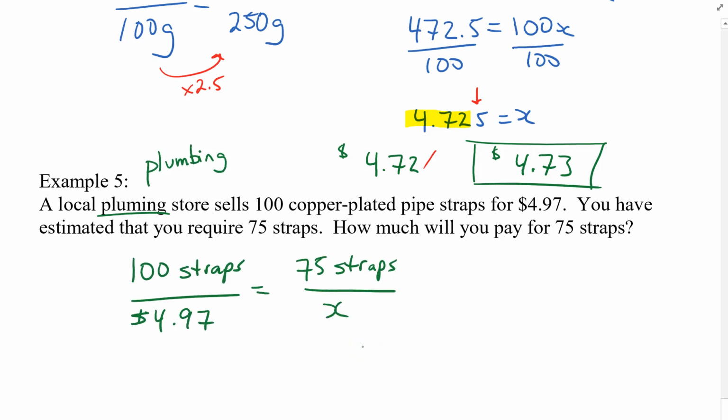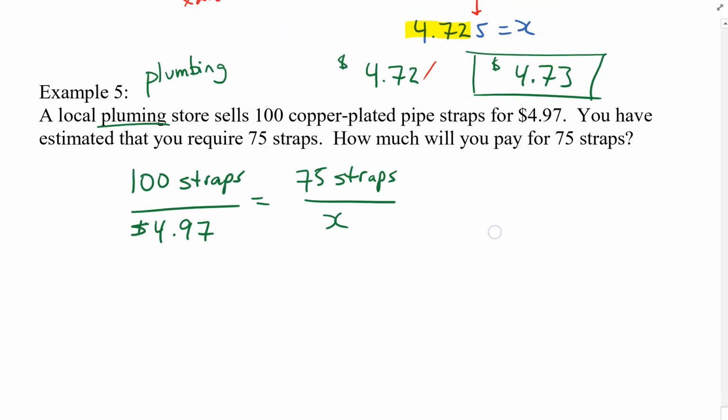We'll put an X over there. I think it's a perfect time for use of algebra here. I'm going to say 100 times X is equal to 497 times 75. Again, I think I got to get my calculator out on this one. And that is 372.75.